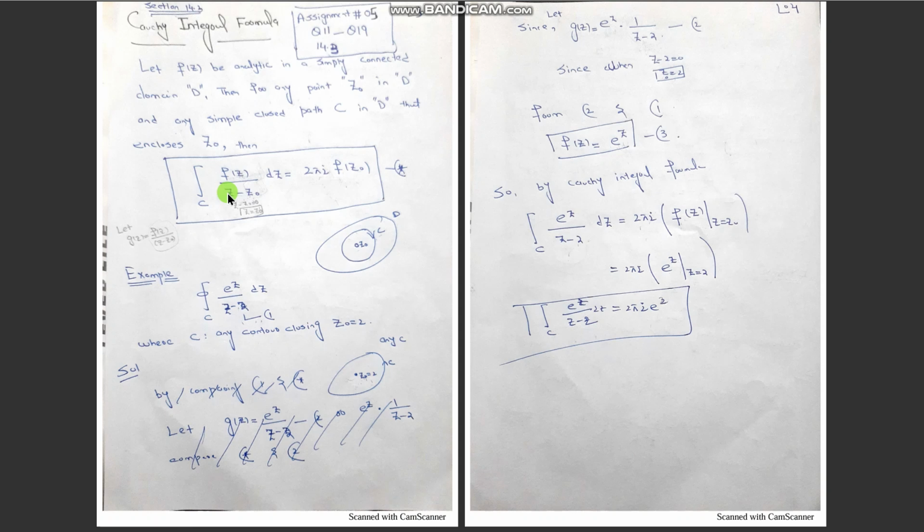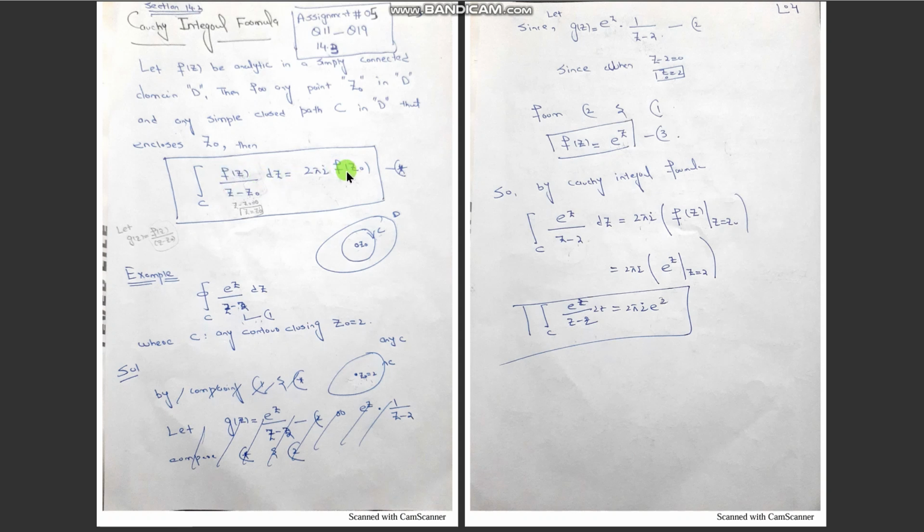The main difference between Cauchy integral theorem and Cauchy integral formula is that the theorem is just for an analytic function, meaning there is no singular point inside the curve C, but if the singularity lies inside C, then we will use Cauchy integral formula and calculate the integration by 2 pi iota f of z naught.